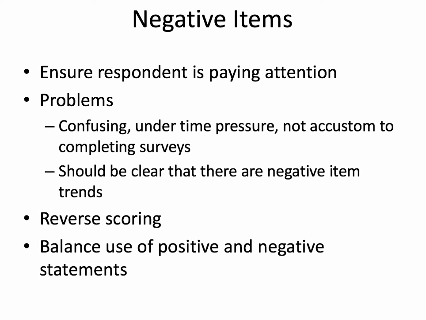A lot of times you'll see 1 or 2 negatively worded items on a scale, and the reason people do that is to prevent straight lining. For instance, let's say someone just goes down the scale and answers all agree. A survey person can look and say, oh my goodness, this person straight lined this. That's evidence, when you have a negatively worded item in there, that they should have marked the opposite way.